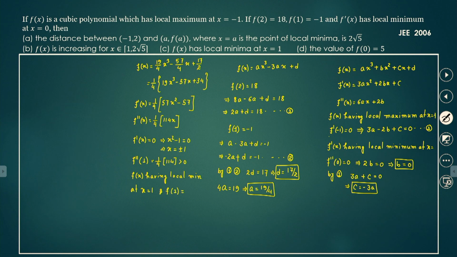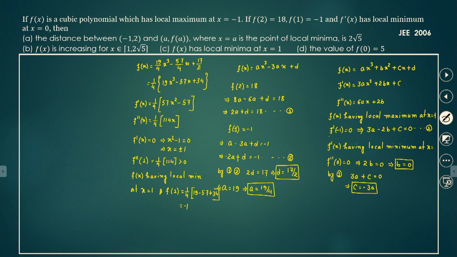So let's calculate f(1). We substitute here, so therefore you'll see that it's 1 by 4 into 19 minus 57 plus 34. That gives me minus 1.